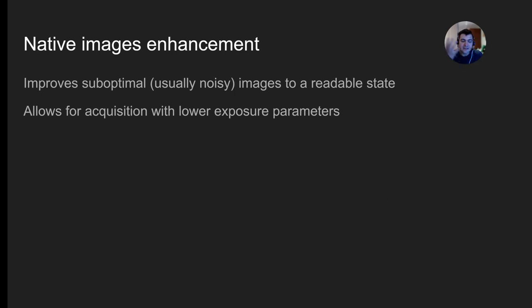Now, the thing is that if we were able to take those suboptimal images and enhance them using AI and then make them diagnostic, that would, for one, allow us to improve on the images that we have acquired with some kind of suboptimal factors and error, but that also opens the door for implementation of programs where we purposely use lower dose than what we would want, or we keep the patient in the scanner for less time, in case of MRI, for example, than you normally would, which would make a significant difference to the patient, right?